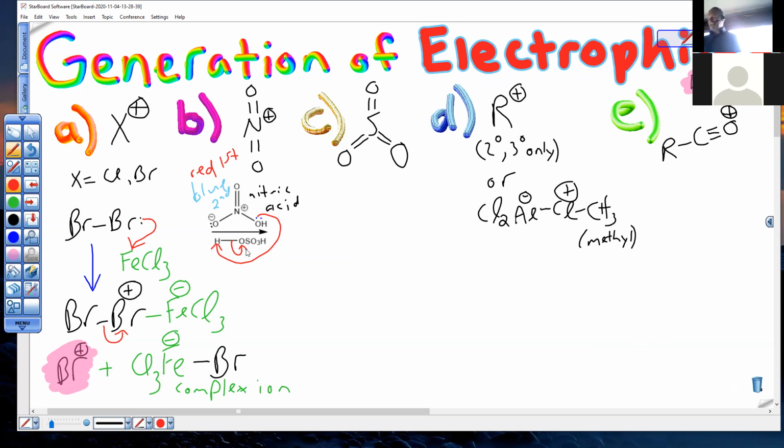That's insane, isn't it? But hey, when you have a stronger acid present, nitric acid doesn't have a choice. And then after that, it can eliminate and generate the thing you see at the top of the screen. So it lost water and it made that species up there, which is your electrophile.